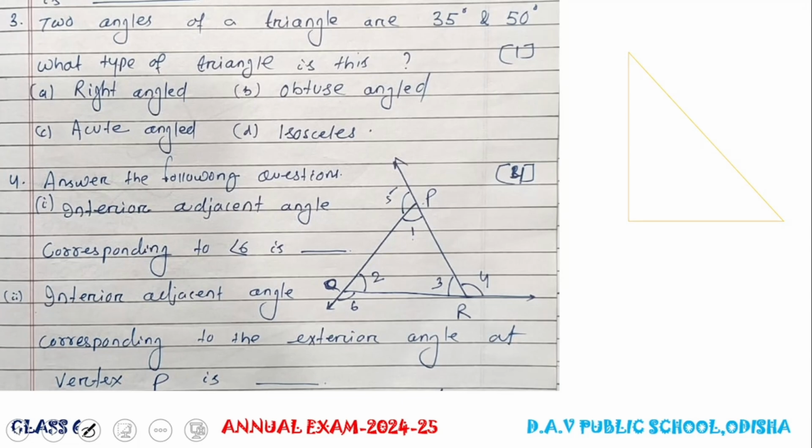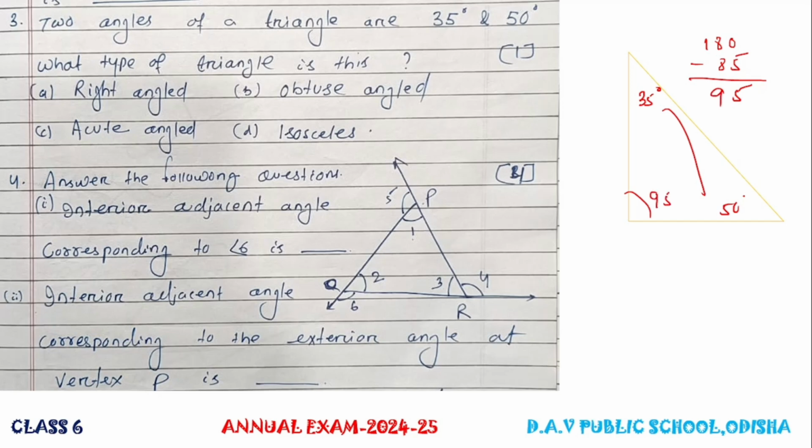Two angles of a triangle are given, suppose the two angles are 35 and 50. First of all find the third angle, then tell me which type of triangle it is. First add these two angles, then subtract from 180 degrees. 35 plus 50 is 85, and 180 minus 85 is 95. So the answer is 95.